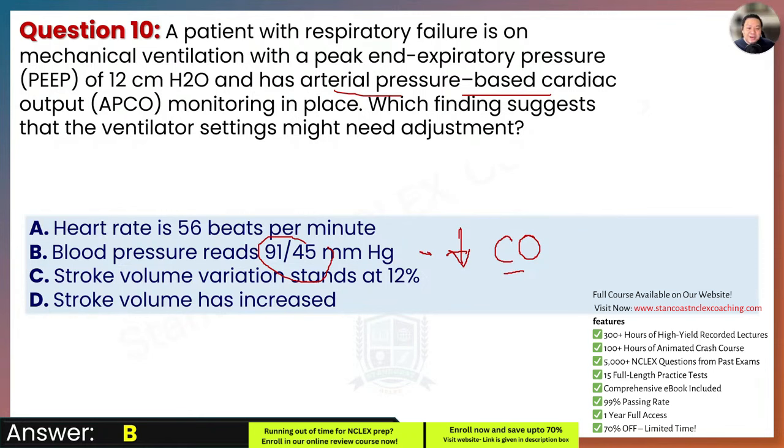So this is bradycardia, right? But this isn't typically a result of high PEEP or its effects on intrathoracic pressure. What you would be worried about instead if there is high PEEP is tachycardia. Okay? Remember what I said in the previous test item. There is a compensatory mechanism by the heart because of the hypoxemia. There is decreased cardiac output.